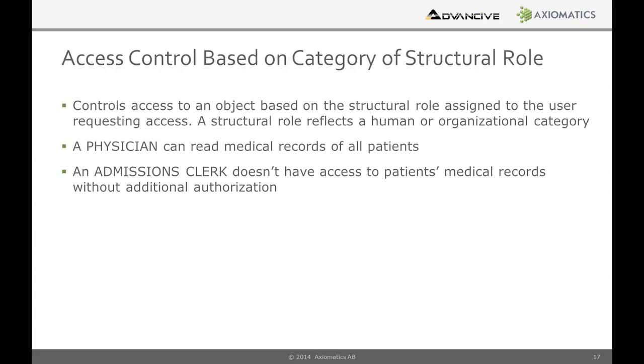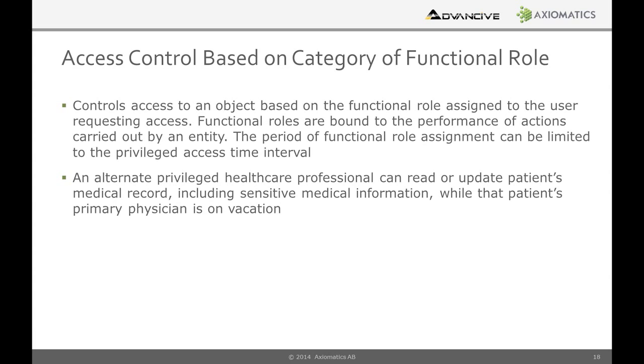Access control based on category of functional role. So functional role is really bound to the performance of actions that are carried out by the user. And the period of that functional performance can be limited to some sort of time interval.